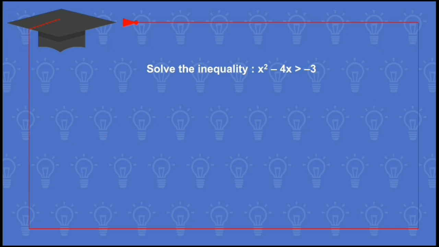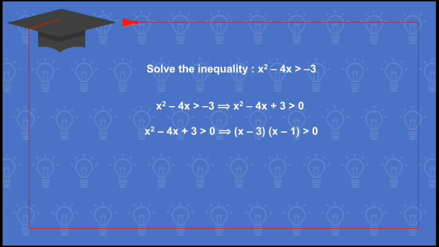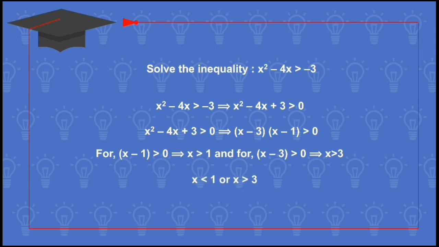First, make one side of the inequality 0 by adding 3 to both sides. And then factor the left side of the inequality. Then solve all the zeros for the inequality. And now we can see that the result is x less than 1 or x greater than 3.